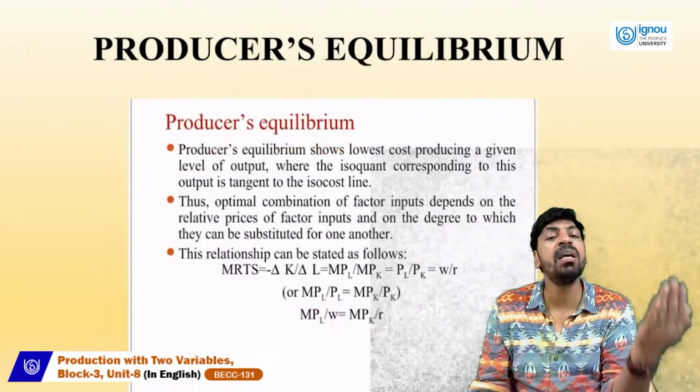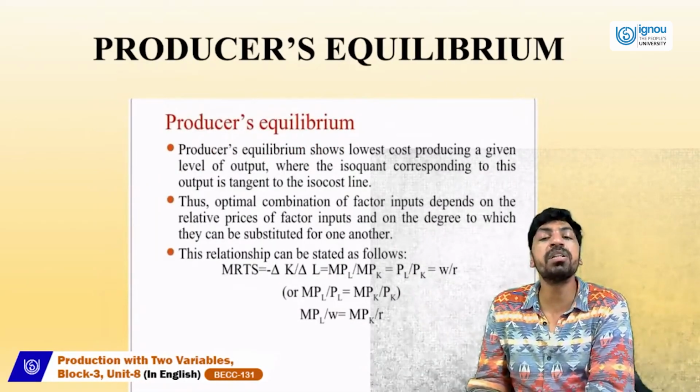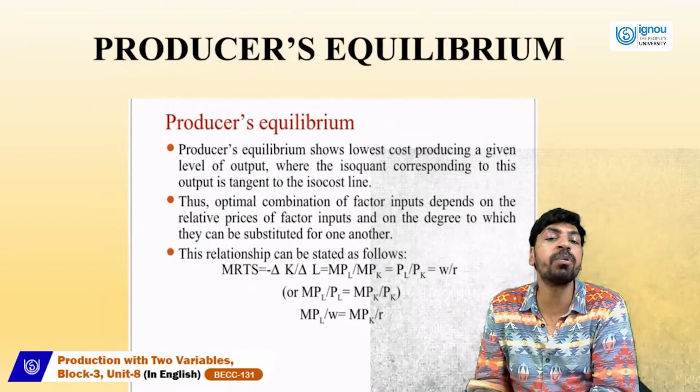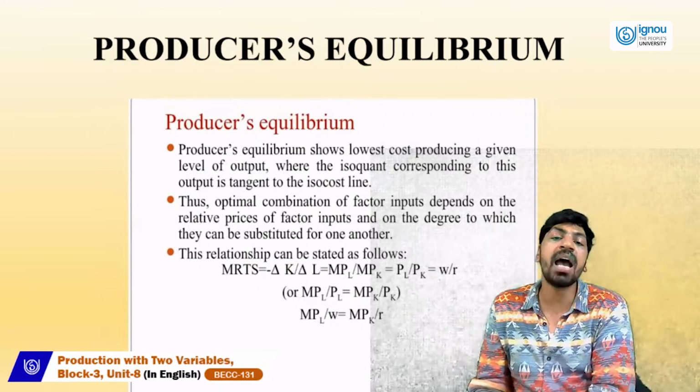And that's why producer equilibrium shows the lowest cost of producing a given level of output, corresponding to an isoquant which is tangent to the isocost line.